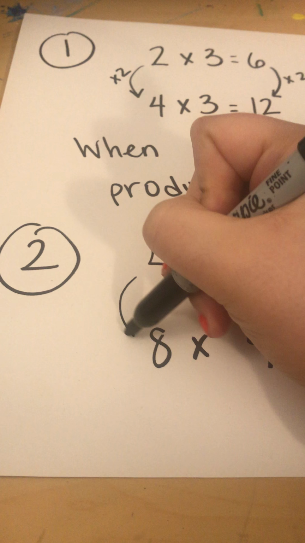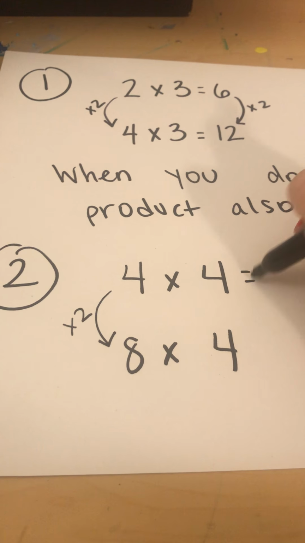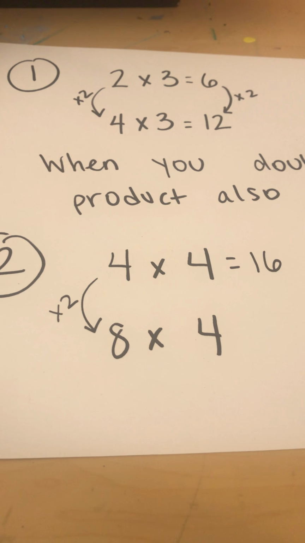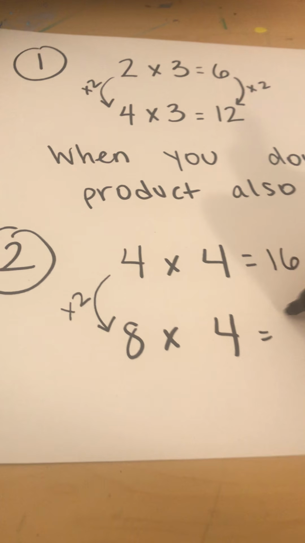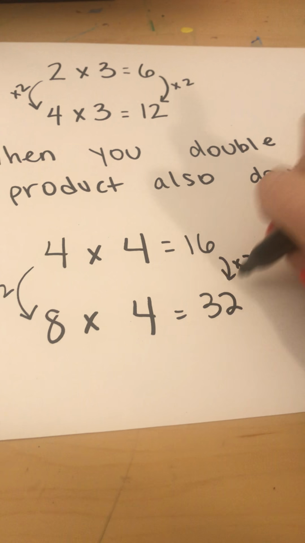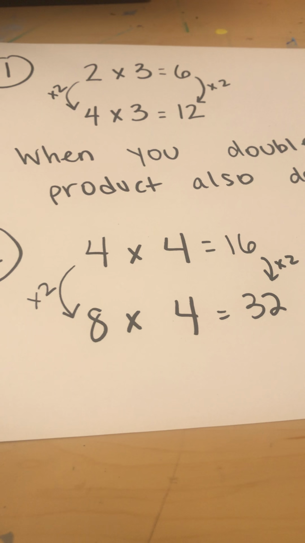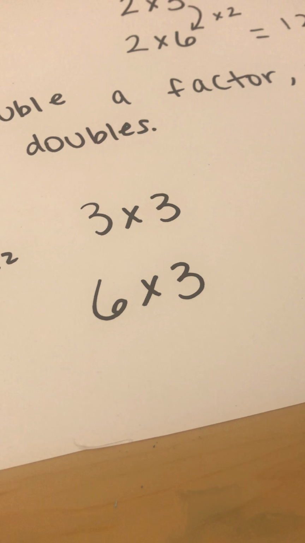I picked this 4 to double, right? I did 4 times 2 to get 8. So 4 times 4 equals 16. 8 times 4 equals 32. Yep, 16 times 2 is also 32. So my product doubled.